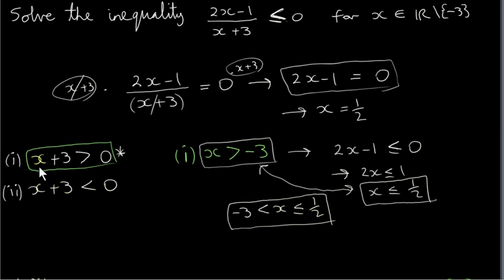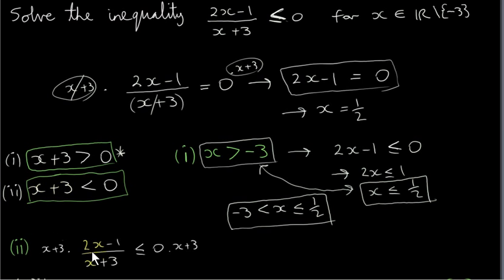Now we have to look at the second case, because when we got this inequality into a straight line, we could have multiplied both sides by a negative x plus 3. So we multiply both sides of our inequality by a negative quantity. These will cancel out, and the inequality will change direction.